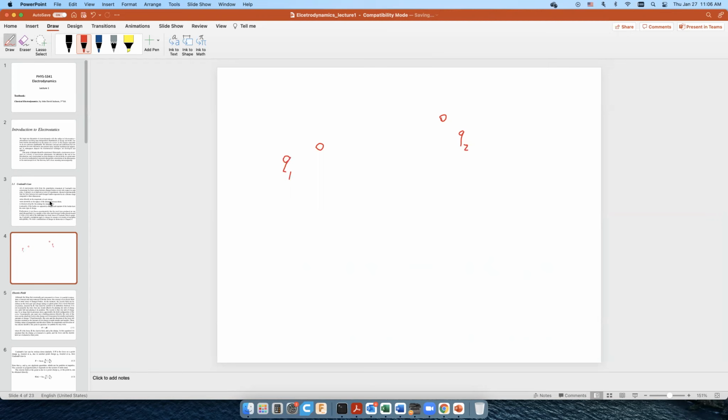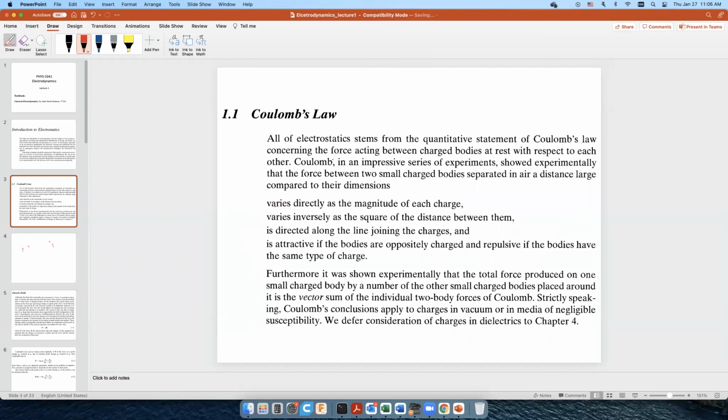First, Coulomb's law tells us the force between the two charges varies directly as the magnitude of each charge. More accurately, we can say the force between them is proportional to the magnitude of the charge. So it's proportional to the charge.